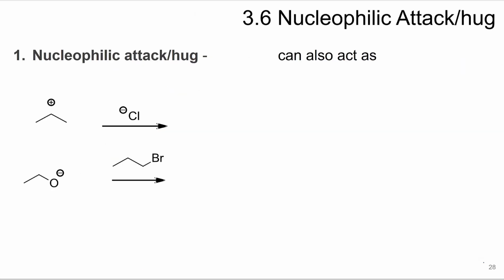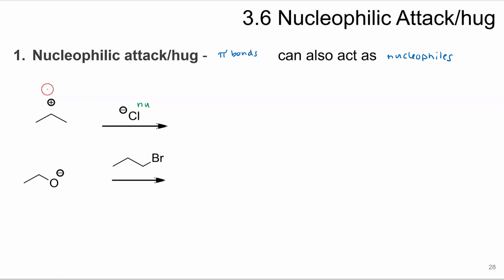In the first type of mechanism, the nucleophilic attack or hug, pi bonds can also act as nucleophiles. In this first example here, we're going to see a nucleophilic attack or hug. If you recall, nucleophiles are electron-rich species, so this is our nucleophile.